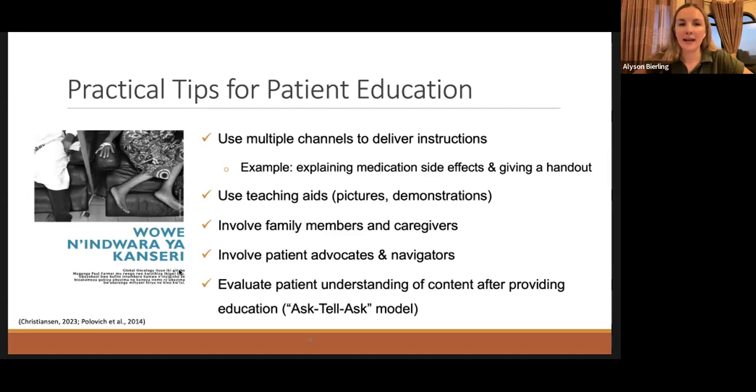Again, involving family members and caregivers is really important. Patient advocates and patient navigators, if they're available, also important to include.